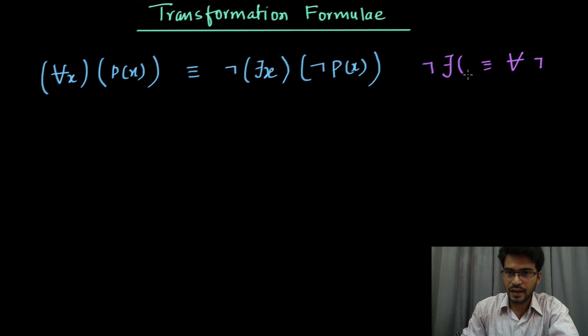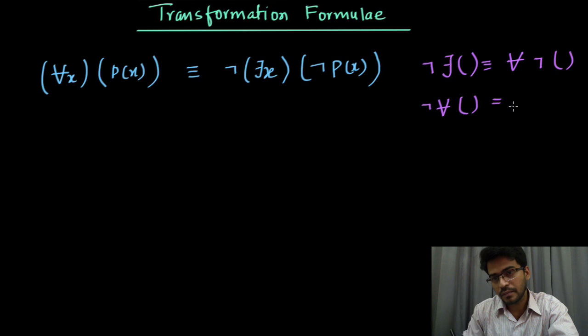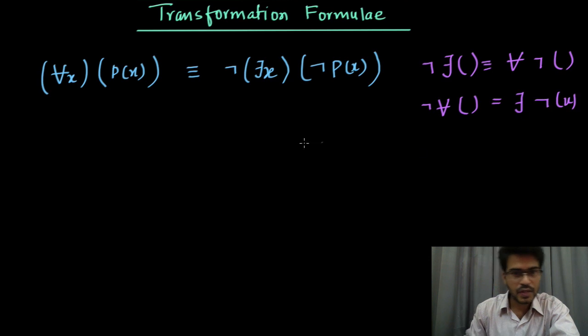We will have some predicate here. Similarly, when it is for all and the negation sign moves in the right direction, past this quantifier, it becomes there exists.